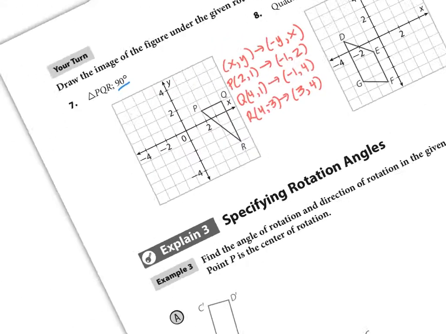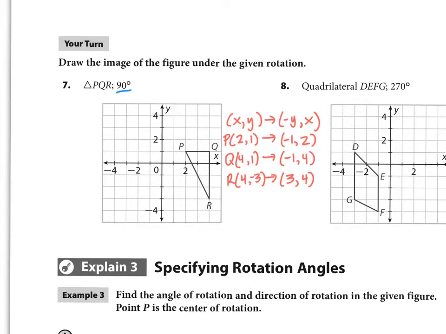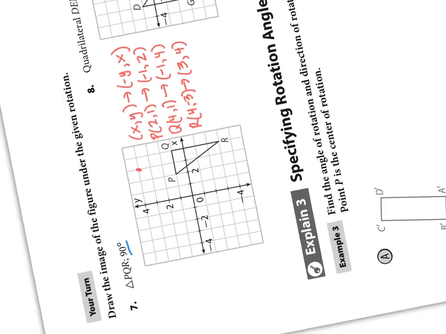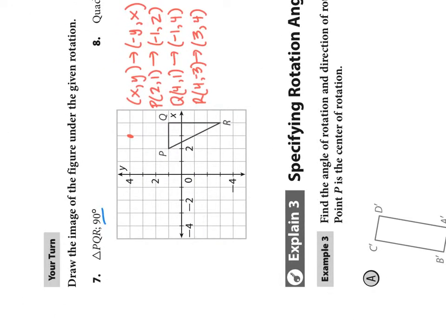So when I go back, for R, I go right 3, up 4, and then I mark that point. Then I go back. To get to Q, I'm going to go left 1 and up 4.